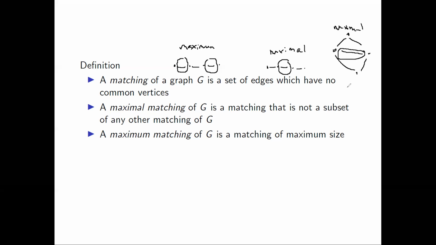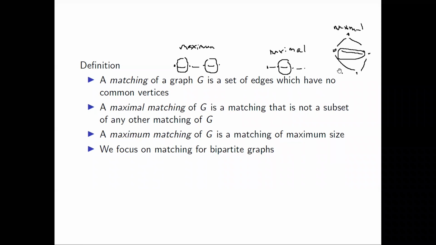So we can get two edges in a maximum one for that graph, the K4 minus an edge. So in the video today, we're going to focus on bipartite graphs. And in particular, we're going to focus on trying to find maximal matchings in bipartite graphs.